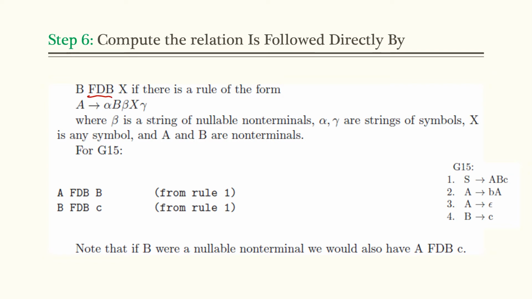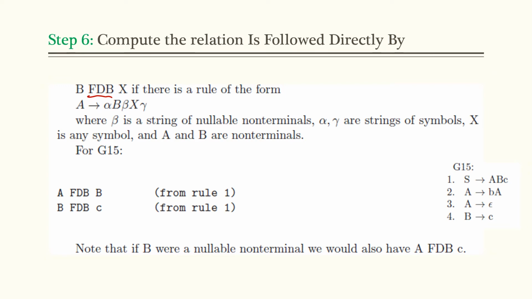So B FDB X, if there is a rule of the form A goes to alpha B beta X sigma, where beta is a string of nullable non-terminals, alpha and sigma are strings of symbols, X is any symbol, and A and B are non-terminals.